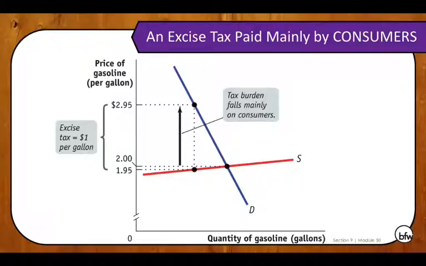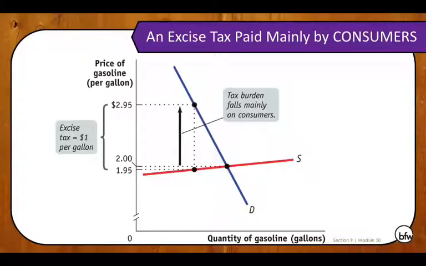Here you can see the tax burden falling mainly on consumers. Here, the supply curve is relatively horizontal. The excise tax is $1 per gallon of gasoline. So before, buyers were paying $2 for gasoline.